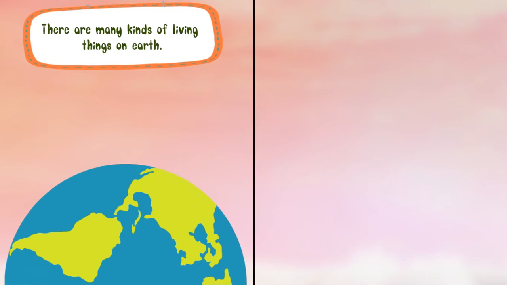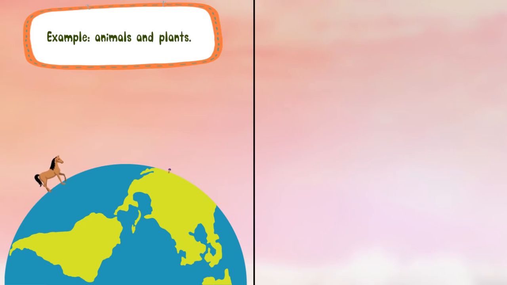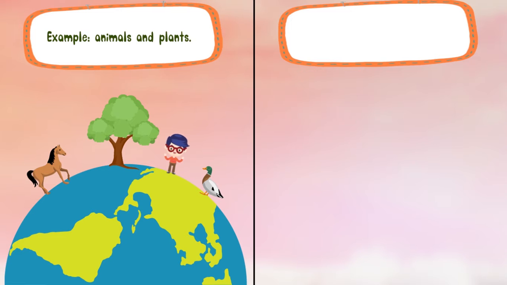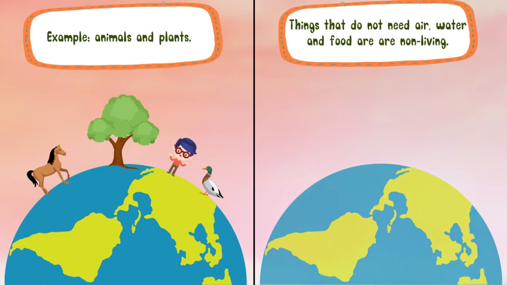There are many kinds of living things on Earth. Examples are animals and plants. Things that do not need air, water, and food are non-living things.